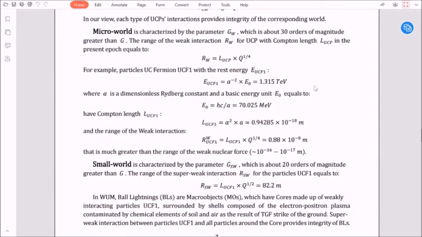The range of the weak interaction for UC particles with Compton length LUCP in the present epoch equals this equation.